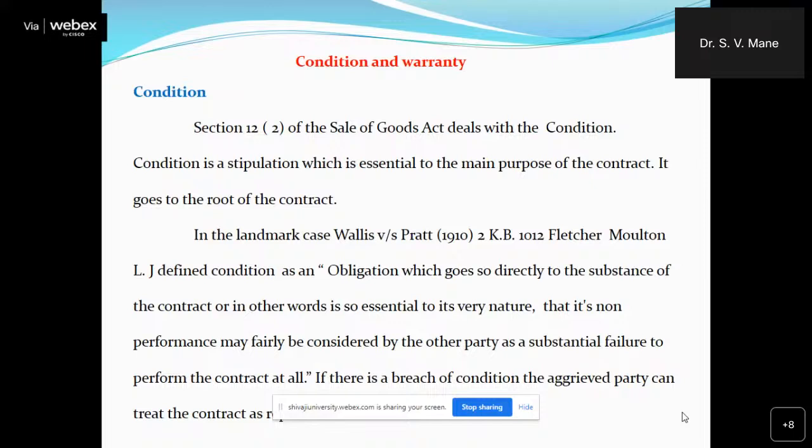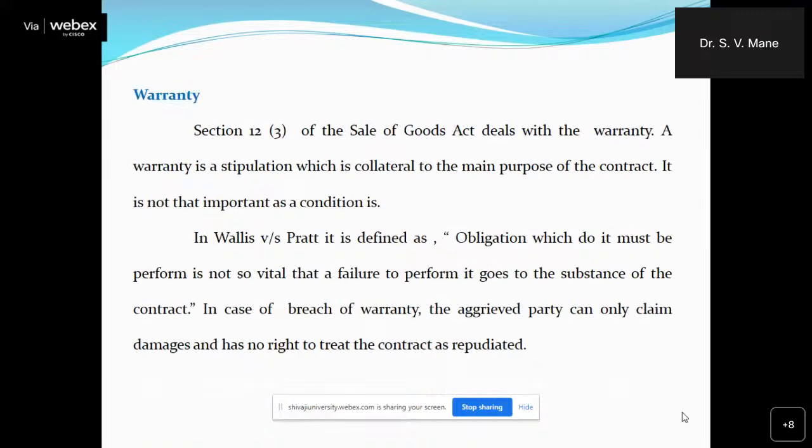If there is a breach of contract, then the warranty: section 12, subsection 3 of the Sales of Goods Act deals with the warranty. A warranty is a stipulation which is collateral to the main purpose of the contract. It is not as important as a condition is.